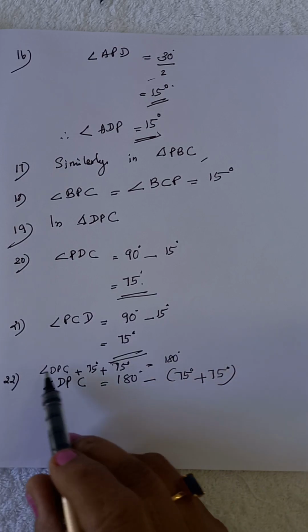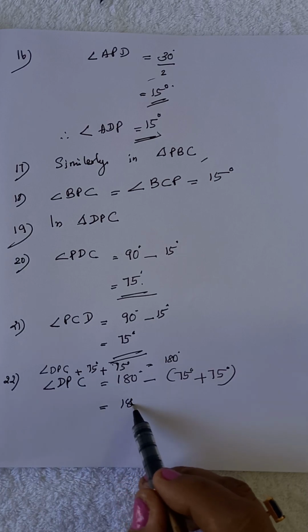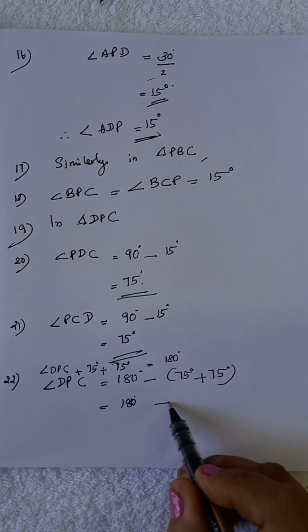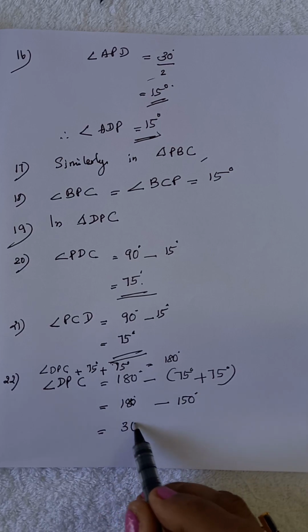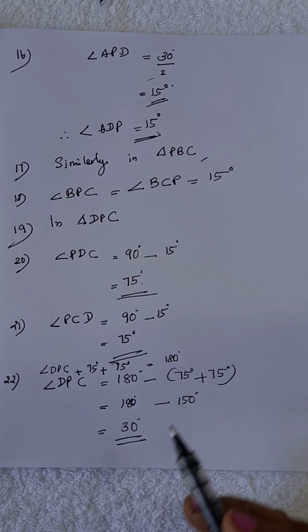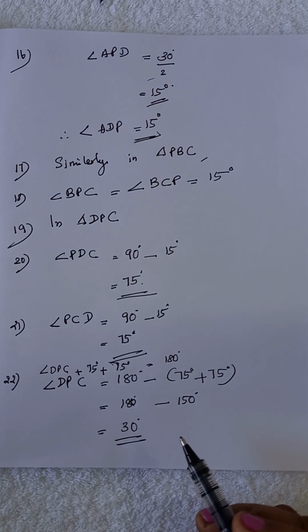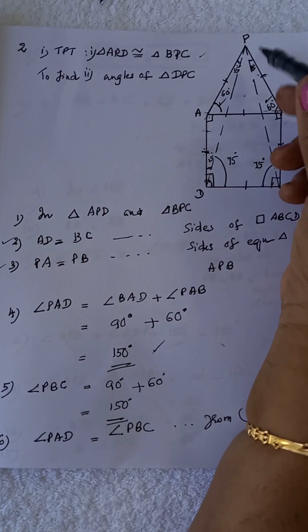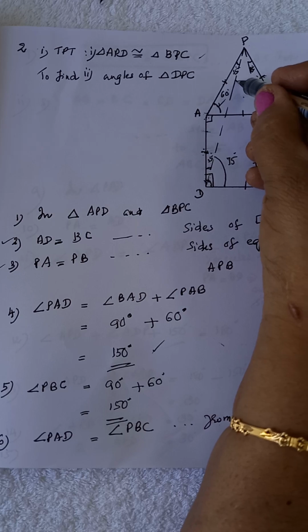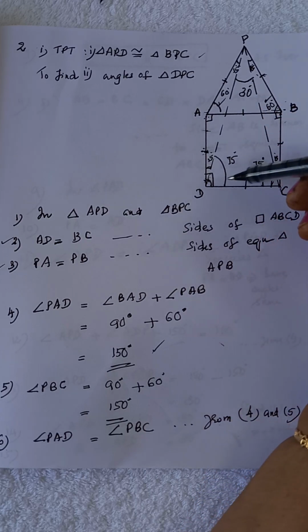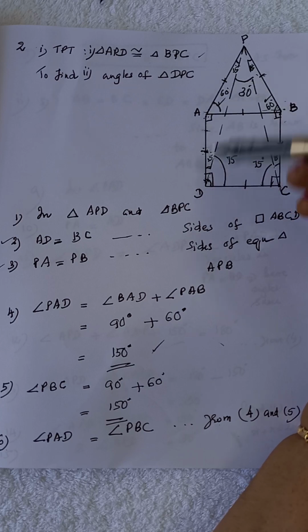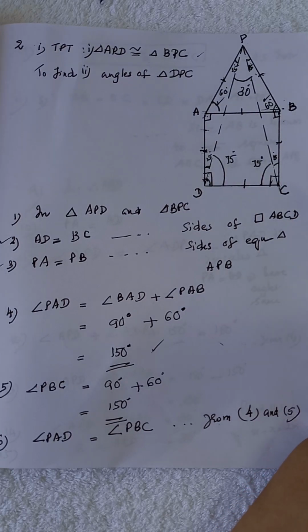Then angle DPC is equal to 180 degree minus 150 degree, that is equal to 30 degree. So we can mark that in the diagram. Angle DPC, this is equal to 30 degree. So we got all angles of triangle DPC.